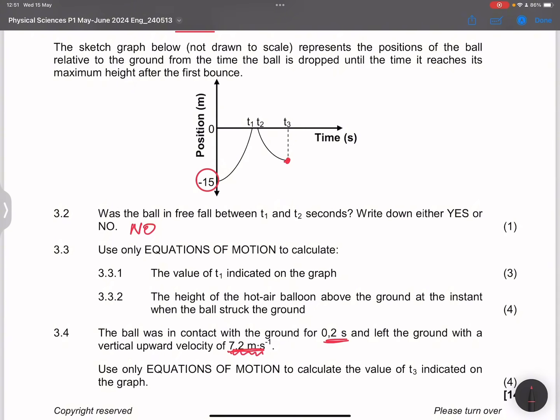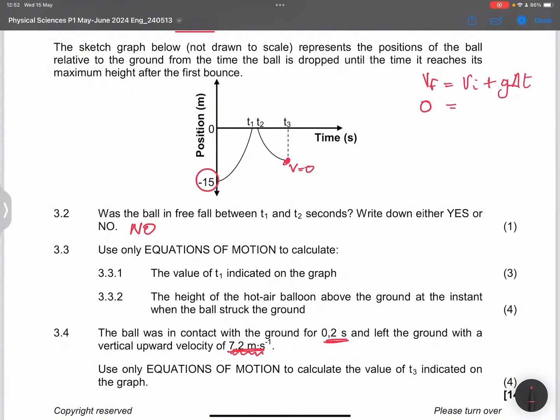But when it reaches its maximum height, the velocity there should be 0. And by the way, we're looking for time, and we know that gravitational acceleration is 9.8. So because we're looking for time, I am going to simply say VF. Okay, so our final velocity is 0.